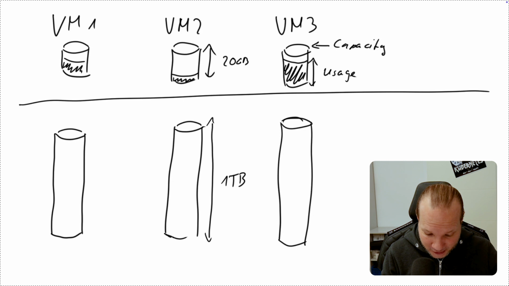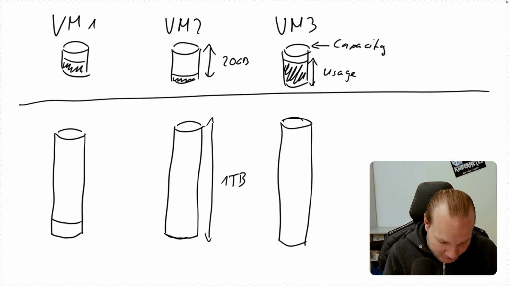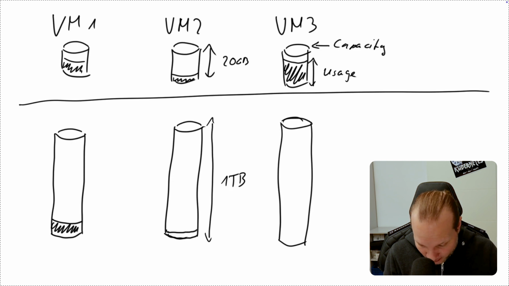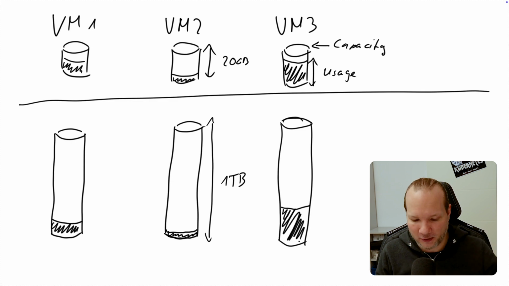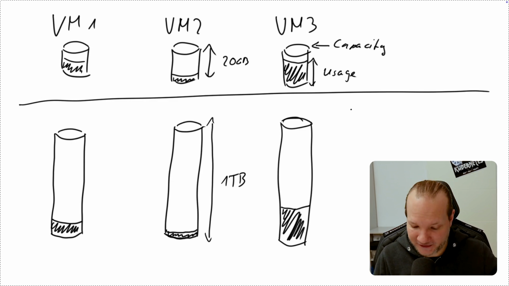Not disk usage, but disk capacity. That means we're still just using something very, very narrowed down, and that is about here. But we also see that we have plenty of capacity left.